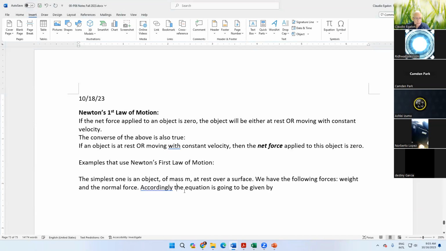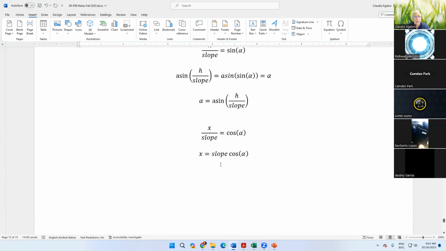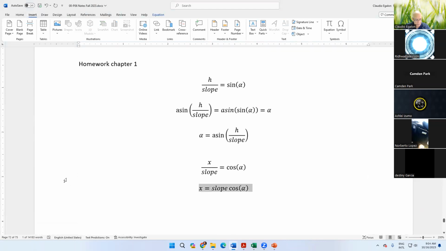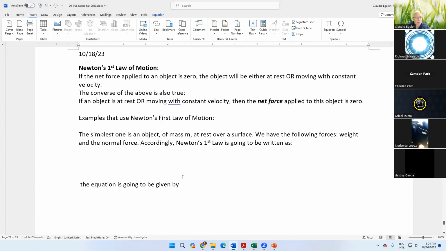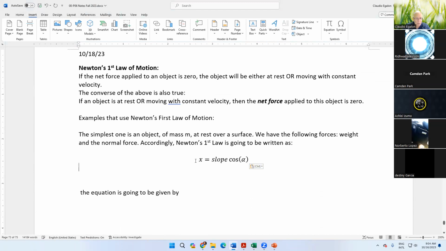Accordingly, Newton's first law is going to be written as, and I'm going to copy and paste this one here.